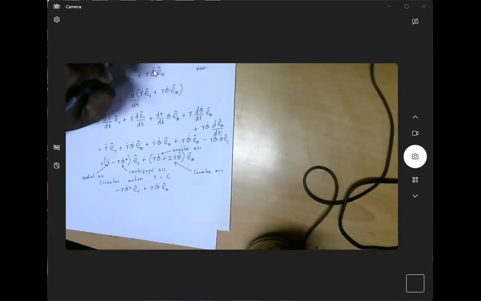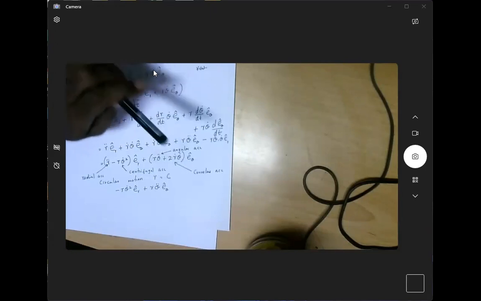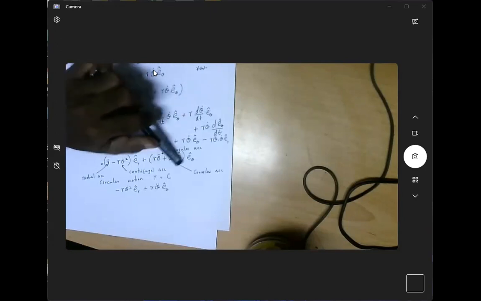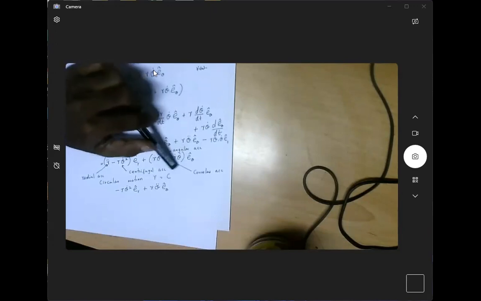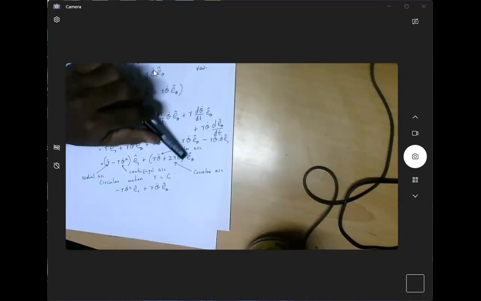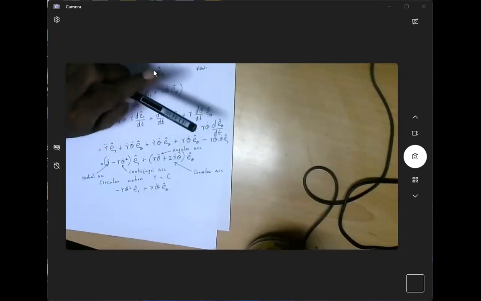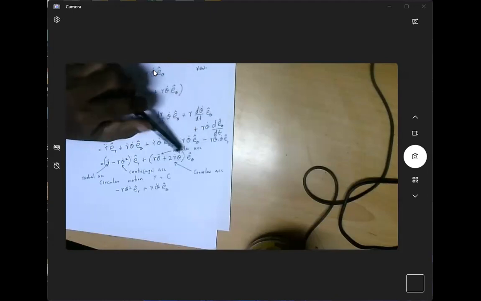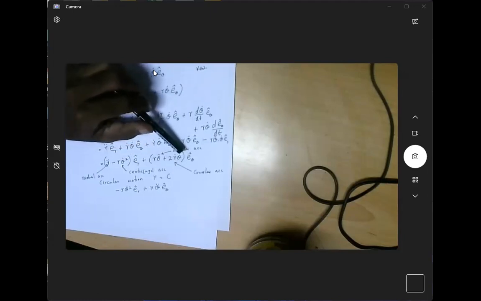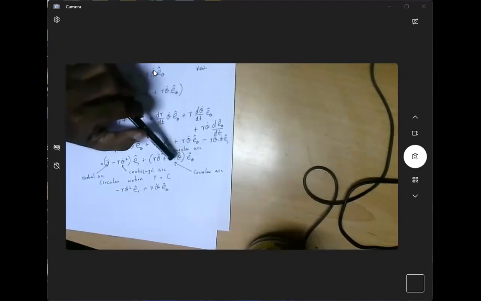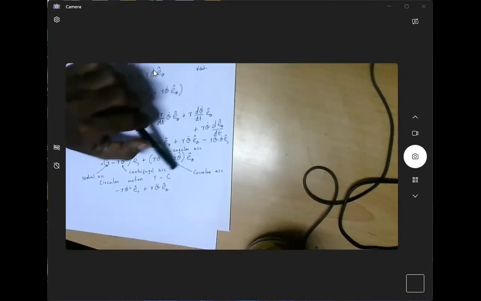This will be felt when you try to move on a rotating plane, just like you may have ridden merry-go-rounds when you were a child, and on the merry-go-round you have this theta dot, and if you try to move radially inwards or outwards, you will feel this acceleration.